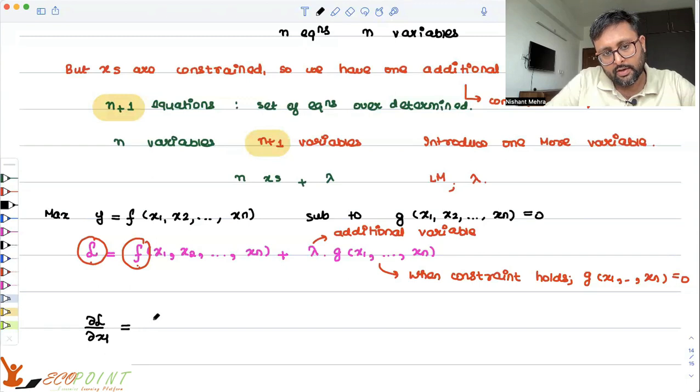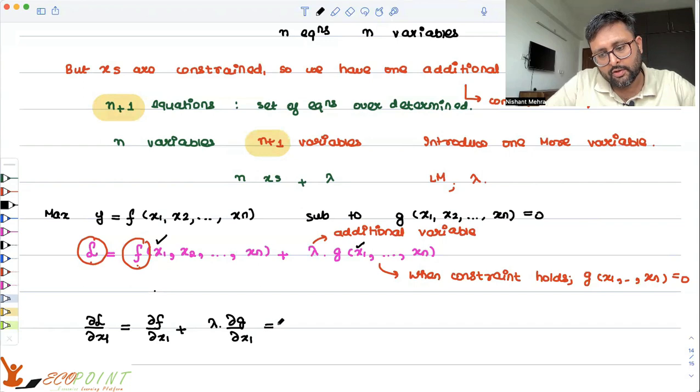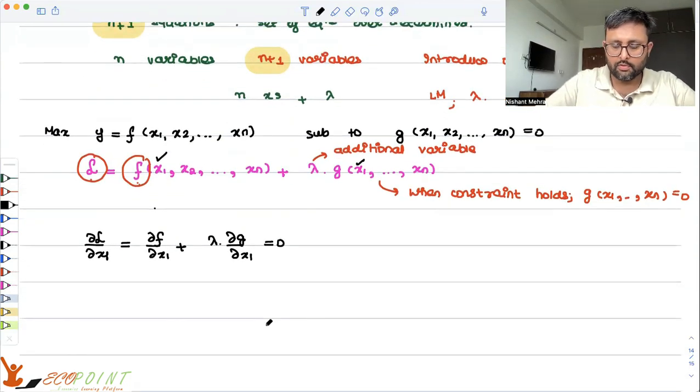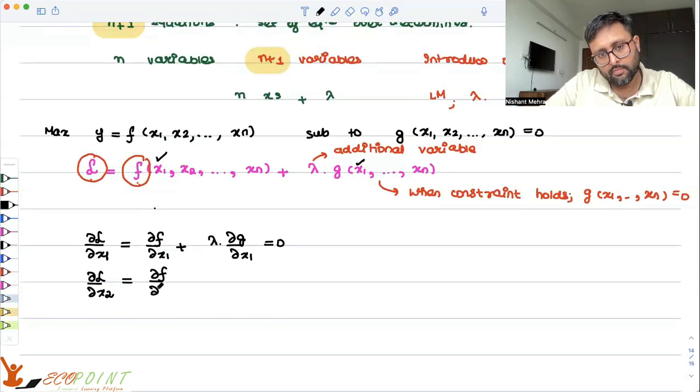So if I just maximize L, del L by del x1, where is x1? x1 is here, x1 is here. So how do I write this? Del F by del x1 plus lambda del G by del x1 equals to 0, right? Del L by del x2 is del F by del x2.